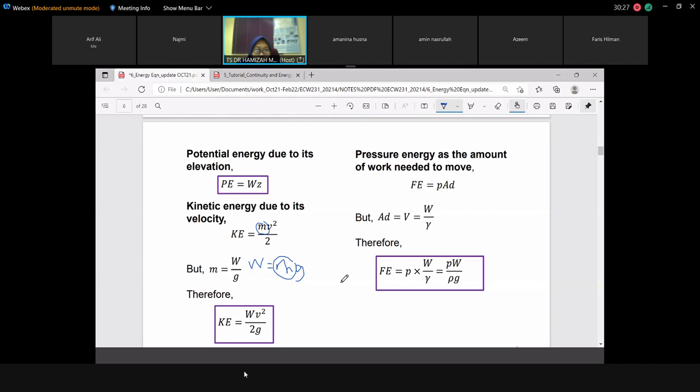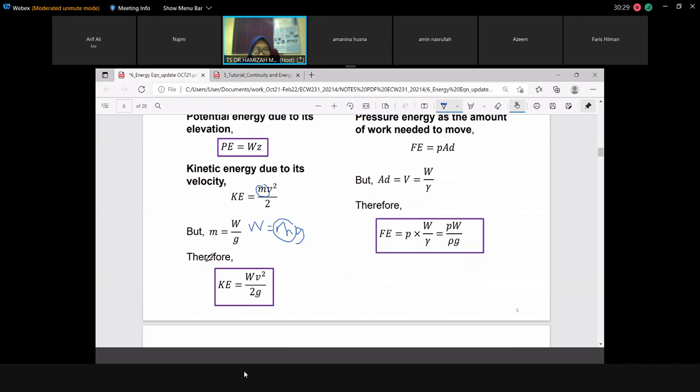Okay, and it also can be written as weight v squared over 2g. Okay, either one. You choose to change to mass ataupun you can use the weight but you need to put the g divided into g. Okay, that is for kinetic energy. Kinetic energy berlaku apabila fluid tu start bergerak.